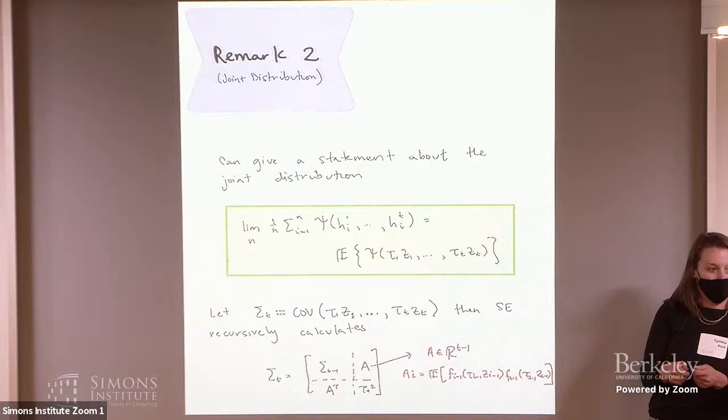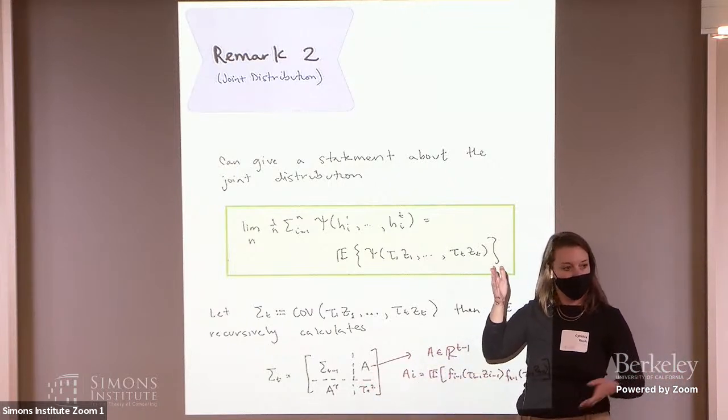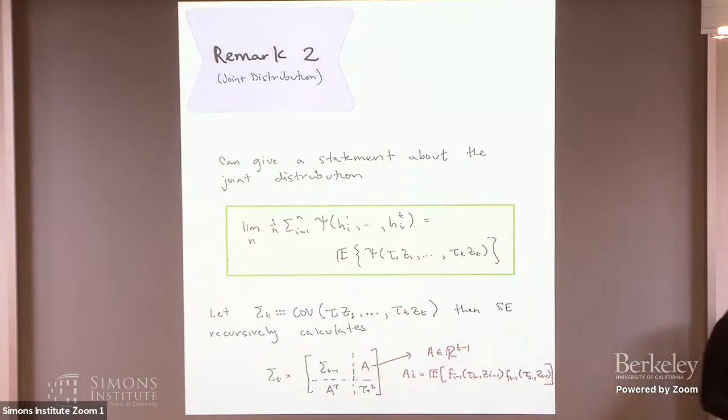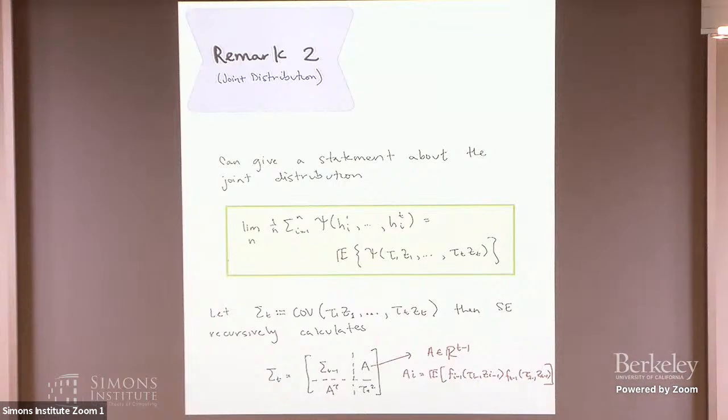The covariance matrix at time t is the matrix that adds a row and a column to the covariance matrix at time t minus 1, where these values are again determined by something that looks like the state evolution. The actual values are not important, but the point is that we can characterize the joint distribution of the iterates of the AMP as well.